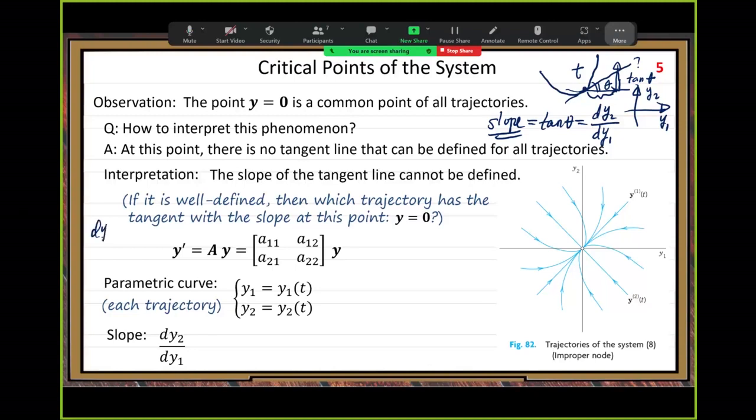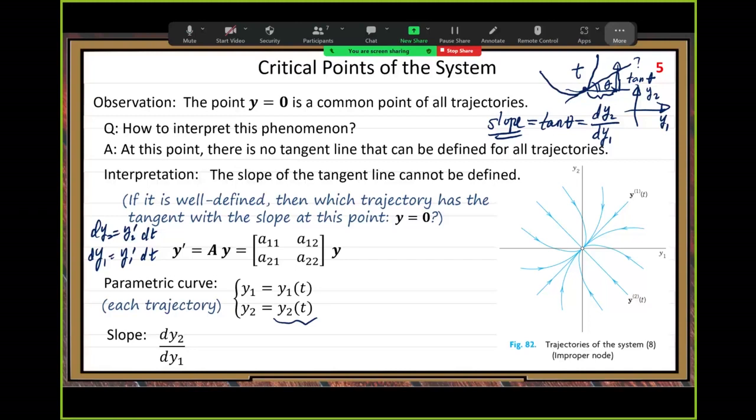Based on the y2 function, by the relationship between differential and derivative, dy2 equals y2 prime times dt. And dy1 equals y1 prime times dt.